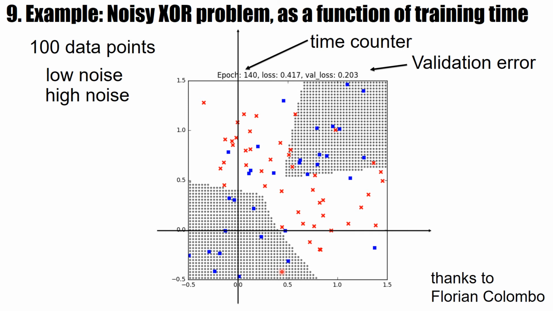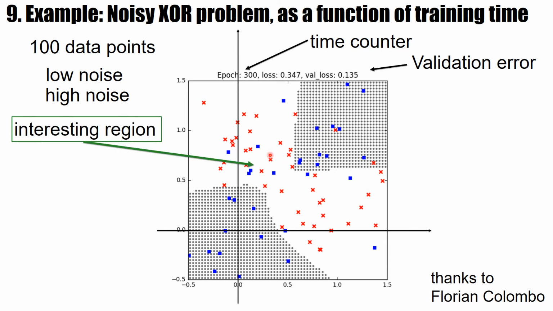And this is exactly what early stopping is doing. Early stopping stops at the moment when the validation error is minimal. So this is the interesting region where the video will evolve to if you wait too long. And we have now just the right moment, epoch 400, where it was minimal, and then it goes up again.